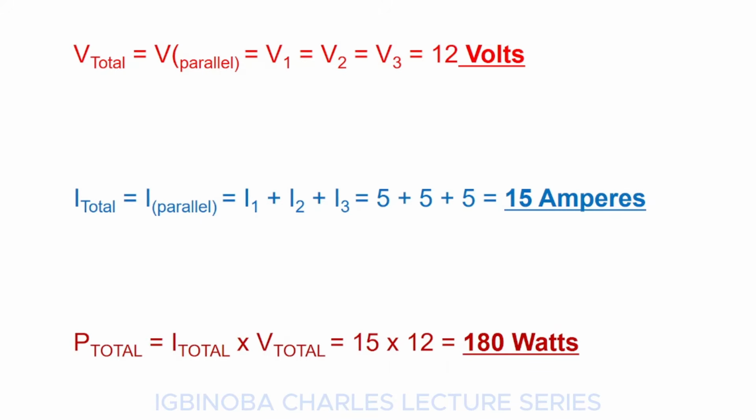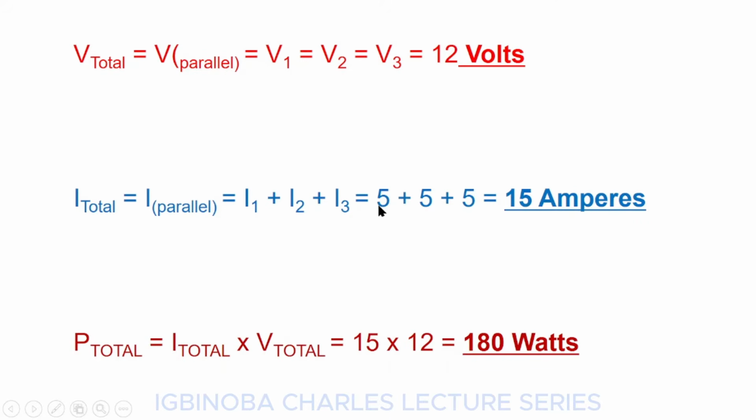So in simple terms, instead of saying I1 plus I2 plus I3, since all of them have the same current, we can say that I total is equal to I1 times 3, because there are 3 panels, which is 5 times 3, which will also give us 15.